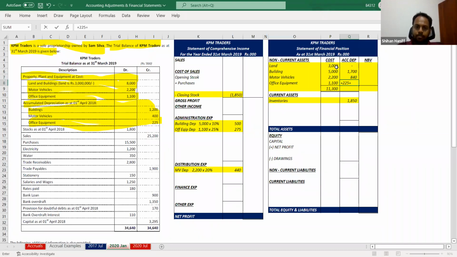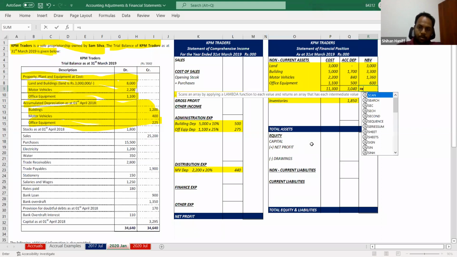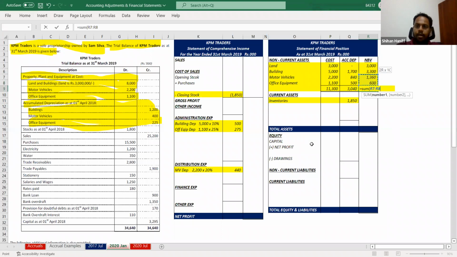Equipment 225 plus 275. We can get the total. Book value equals cost minus accumulated depreciation. Total sum 8,260.